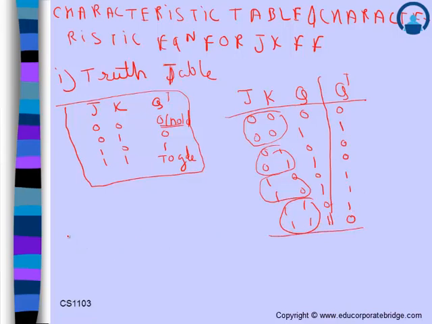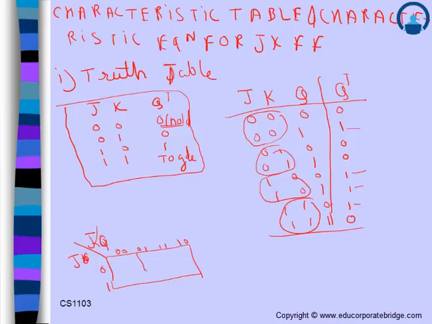So if we write the K map, J K Q: 0 0, 0 1, 1 1, 1 0, and 0 1. That is, the output is high for minterms 1, 4, 5, 6.